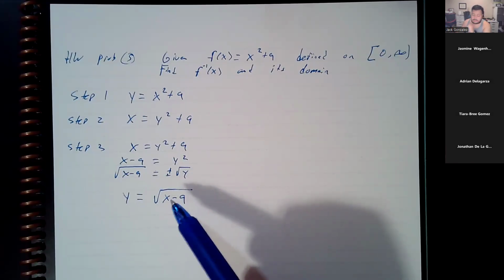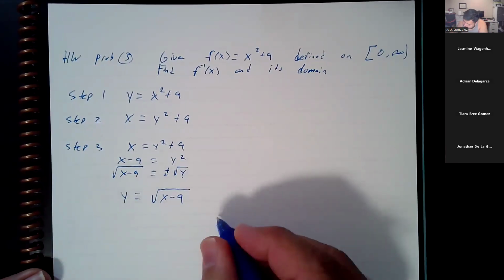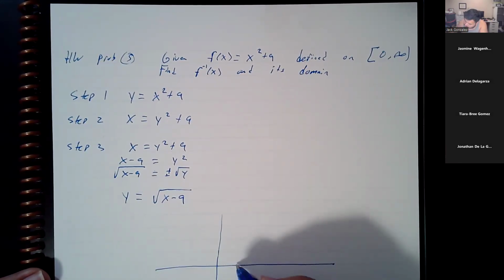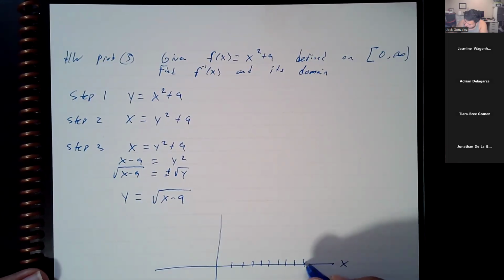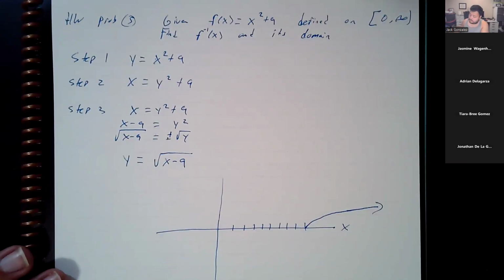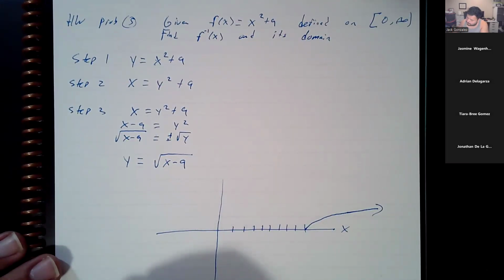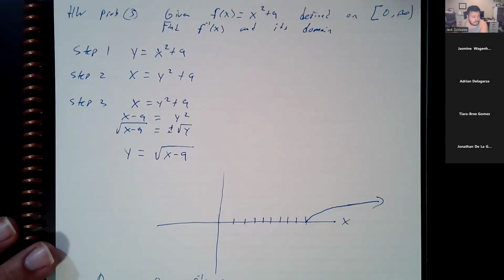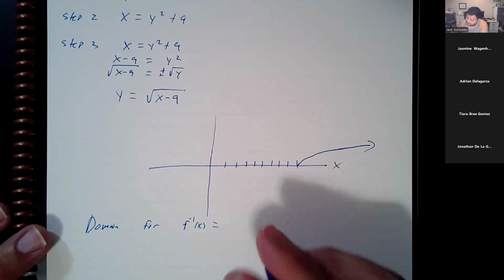Now, if you graph this, you're going to see something like this. So the domain for f inverse, easy to see once you have the graph.